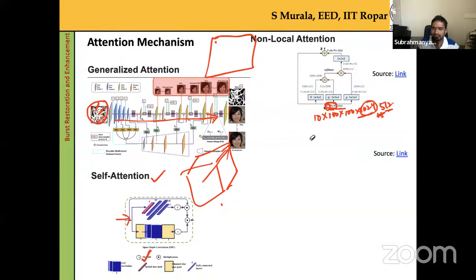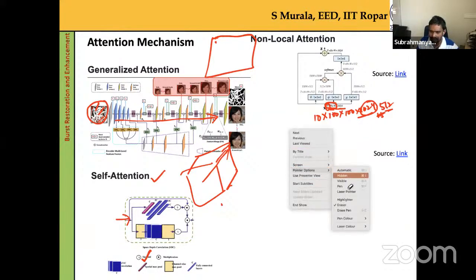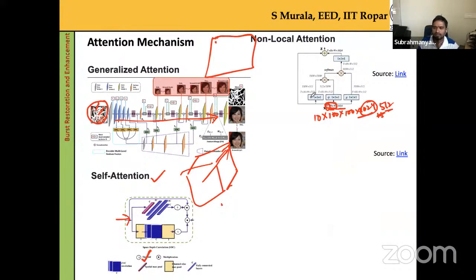Let's say the image size is 100 by 100, and then you have t equal to 10 here. So what about this? This is 10K into 10, which is 100K, which is nothing but 1 lakh. This region is 1 lakh size.